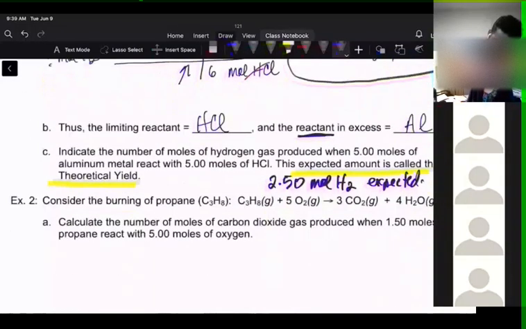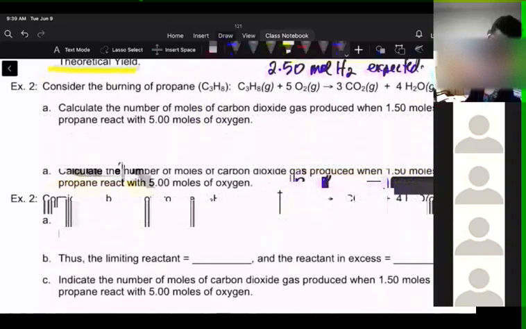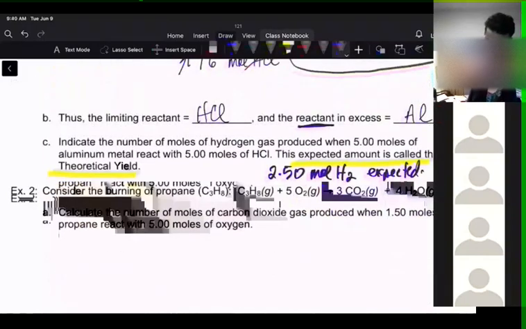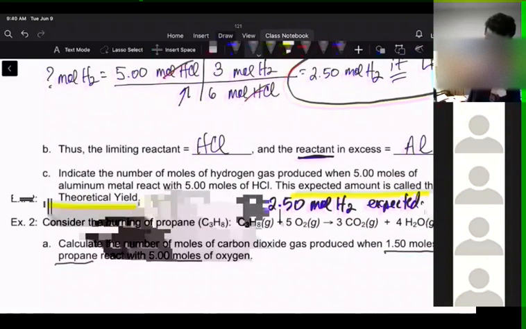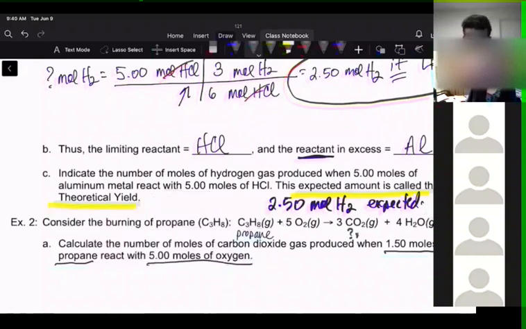So let's do another one. Again, we need to do two parallel calculations. And then this has propane. This is our propane right here. I like to label it to make sure that we don't get confused about which thing is which. And we're looking for CO2.